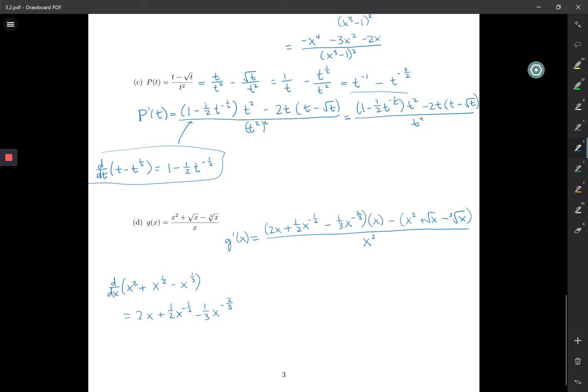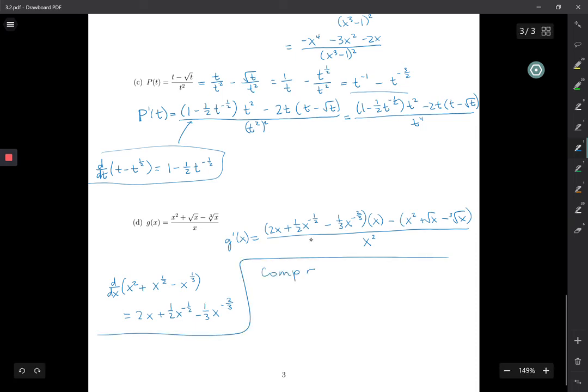Now I want to compare this to how it would work if you were to first simplify this by splitting it into 3 different fractions. So we get x squared over x plus root x over x plus the cube root of x over x, right?